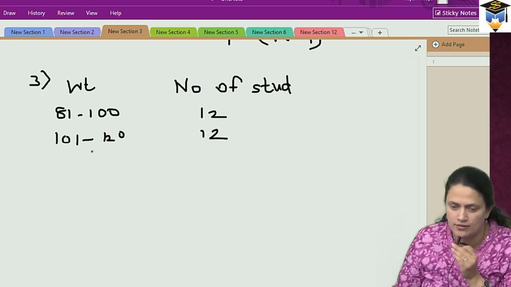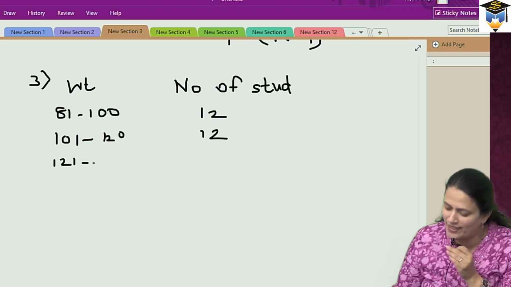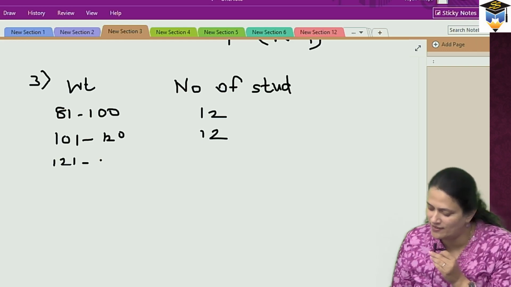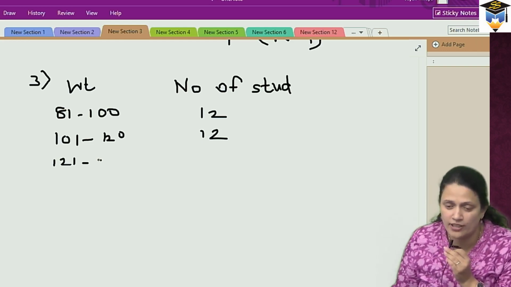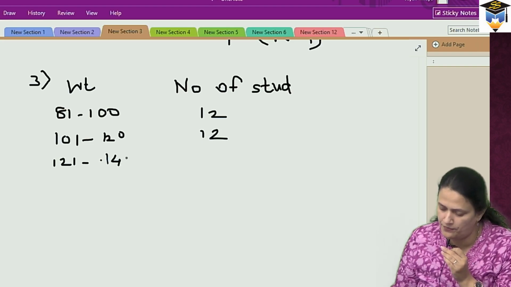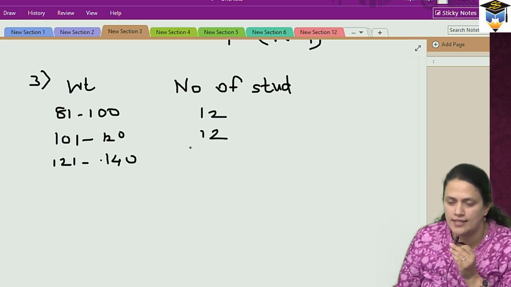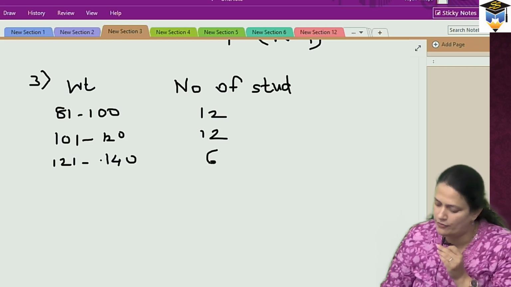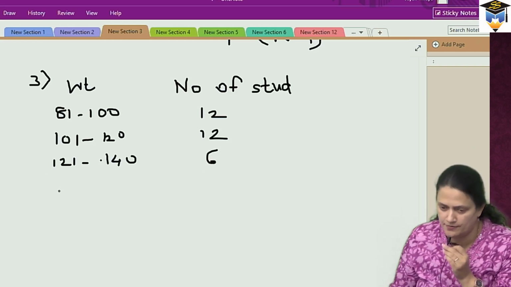कोणाचं 11 आलं? Please count again. 121 to 140. Yes, so tell me. 6. Good. And 141 to 160. 9.